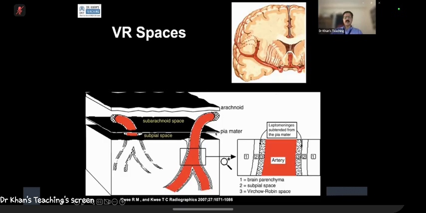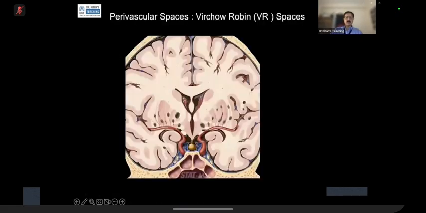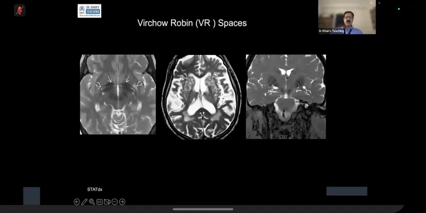Sometimes they can be so prominent that they will present to you as a mass. This diagram shows prominent Virchow-Robin spaces related to the lenticulostriate branches of the M1 segment. When you report MRs, you will see them quite usually in old age patients.